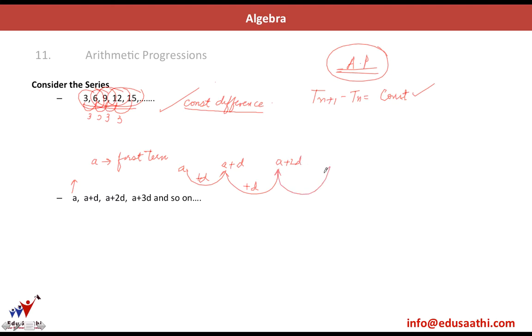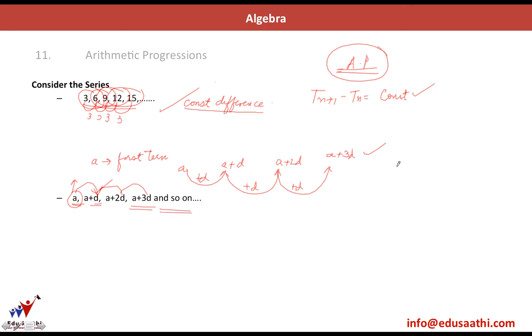To move to the fourth term, I'll add another common difference, and the term will become A plus 3D. So in general, the terms are written as A, A plus D, A plus 2D, A plus 3D, and so on.